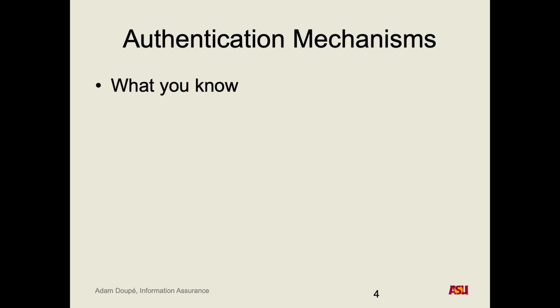Why is a password something that you know and other people don't? Yeah, because it's unique to you. Or why is it unique to you? Well, the decorum is that you don't share it with people. It's supposed to be secret.